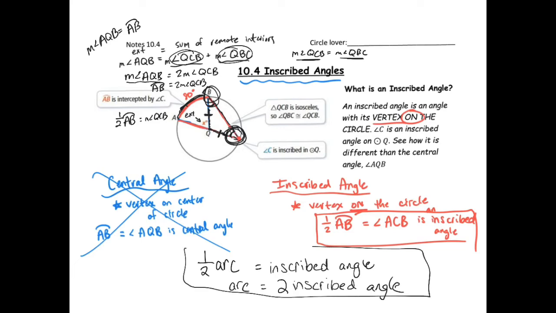All right, I know I made that way more confusing than I had to, but the moral of the story is make sure you know what an inscribed angle is and how it's different than a central angle, and also make sure you know how to find the measure. So you just divide the arc by 2. Alrighty, so let's take a look at some of the properties of these inscribed angles.